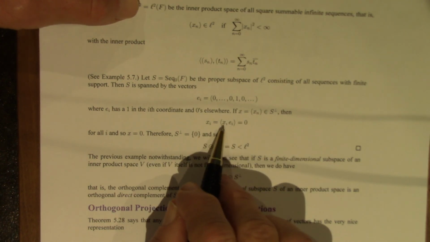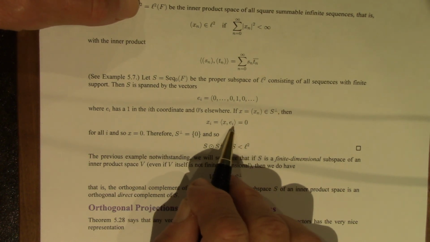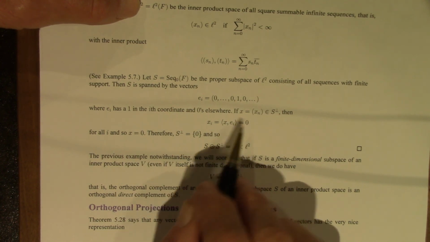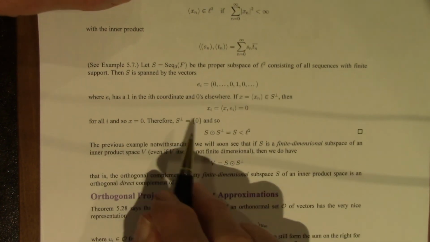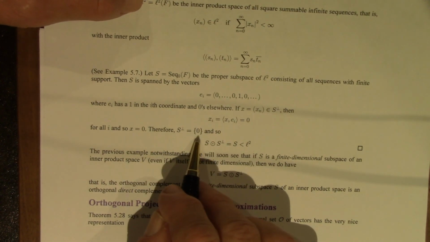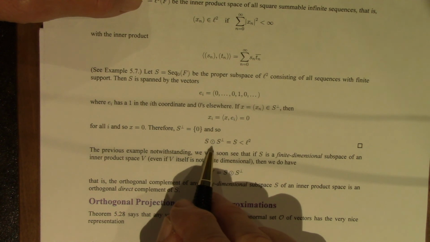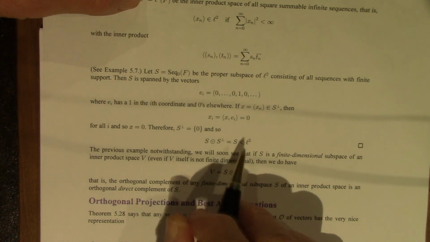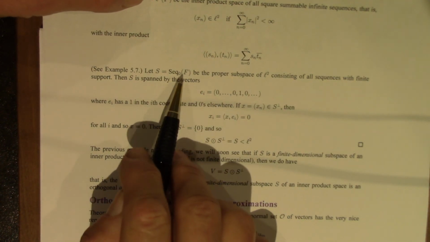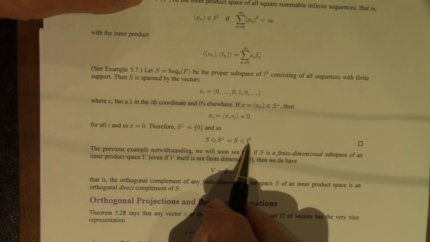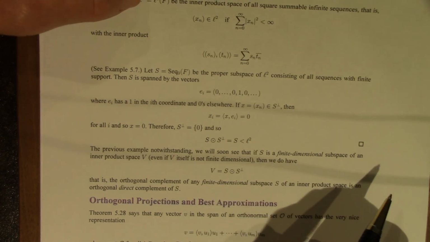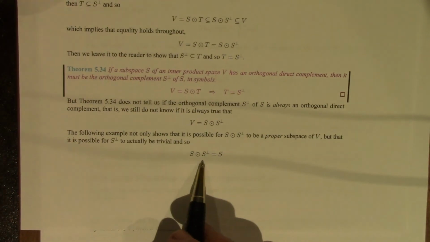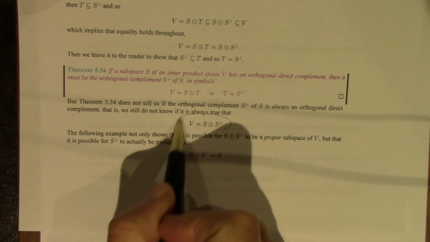So if X is in S perp, it's orthogonal to all of the e_i's, which means all of its components are 0, which means it is 0. So S perp is trivial, and so S orthogonal direct sum S perp is just S itself. And S is a proper subspace of L2. So it is not the case that this always holds.